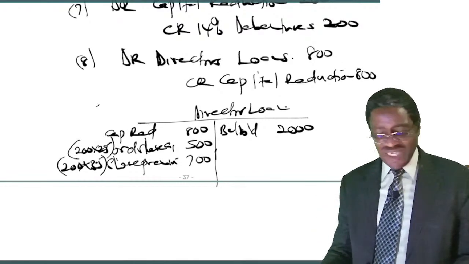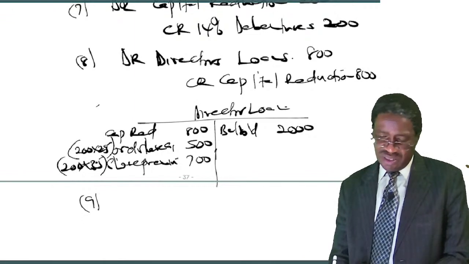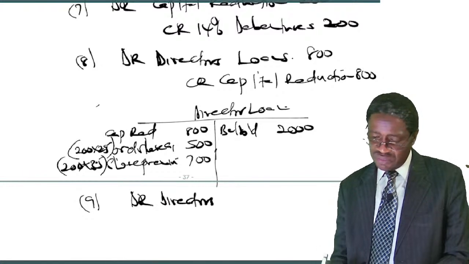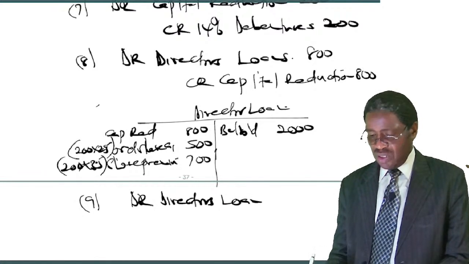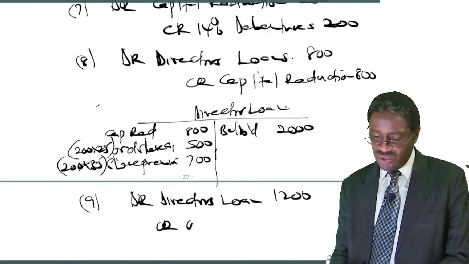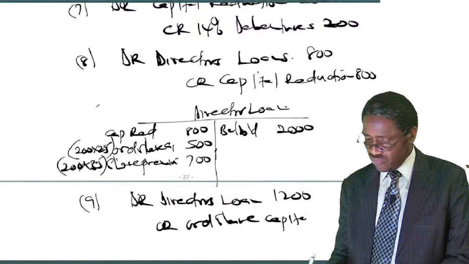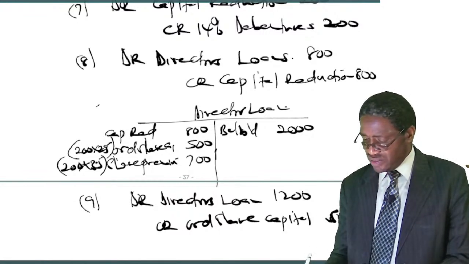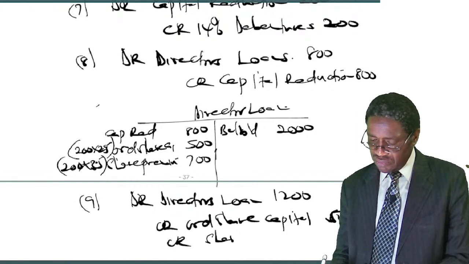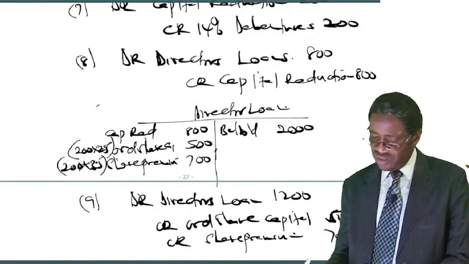But our double entry in terms of journal, that is number 9, we are debiting directors' loans by 1.2, which is the balance. We credit ordinary share capital by 500. We credit share premium by 700.